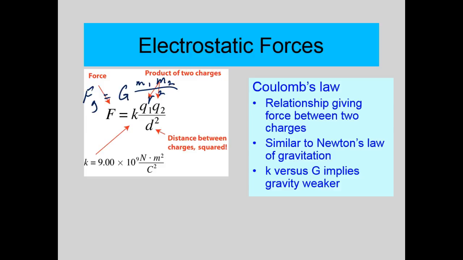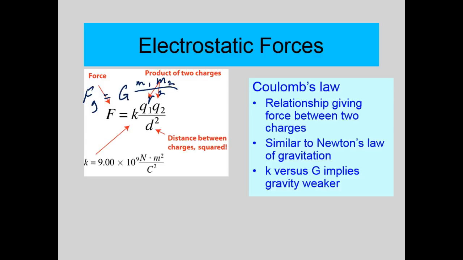The force due to electrostatic charge is some K, just like G, but a very different number, Q1 times Q2, the two different charges, whereas there are different masses. That's the gravitational, which is by mass. Q is by charge. Divided by the distance between those charges squared, just like r was the distance between the masses. So, very similar format. Okay?